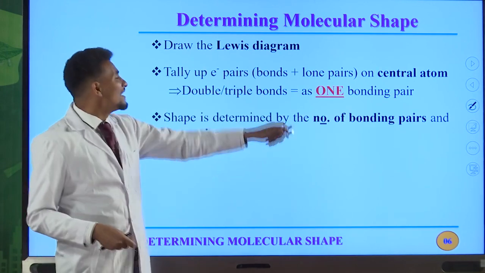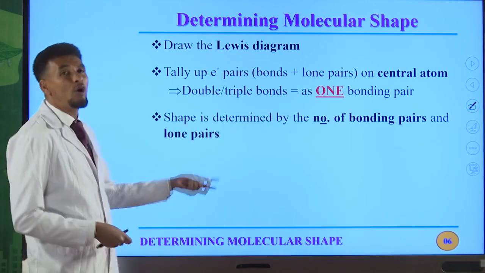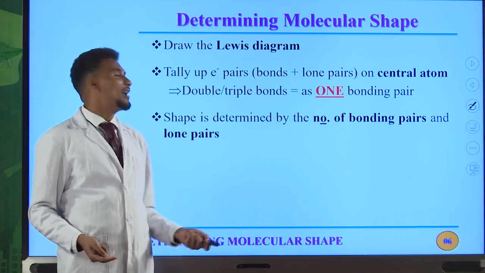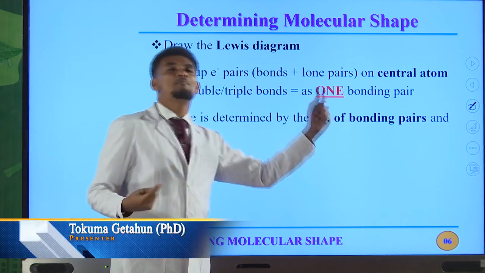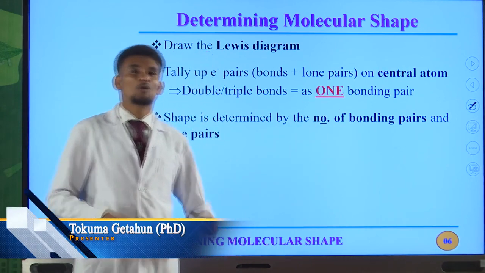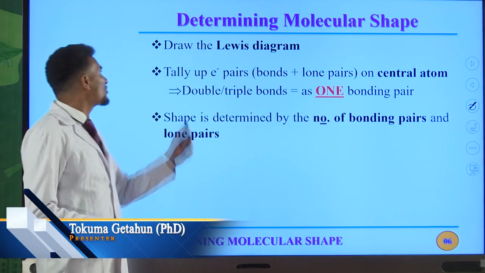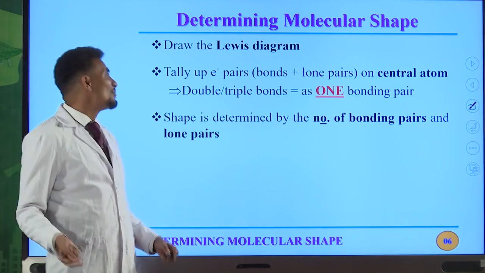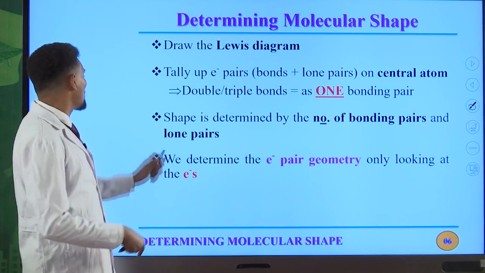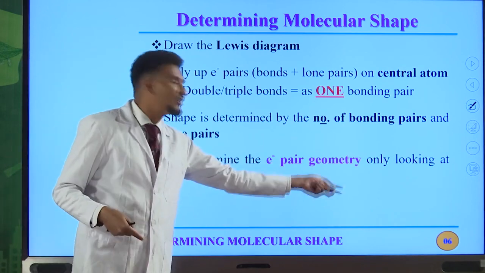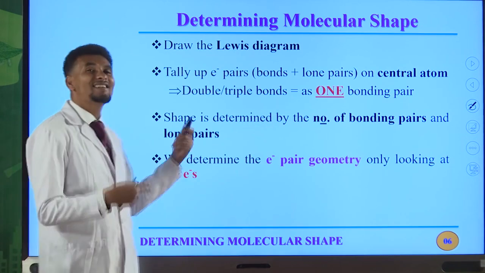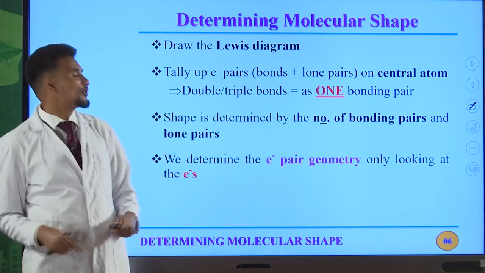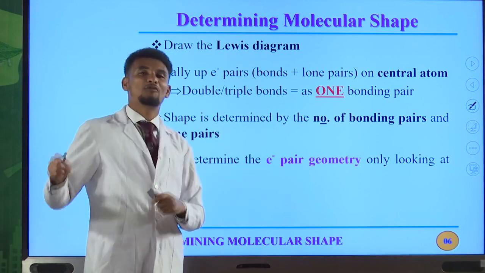Shape is determined by the number of bonding pairs and lone pairs. So look at the lone pairs of electrons around the central atom, and the number of bonding pairs around the central atom, to predict the shapes of the molecule. This is another step you should think about to determine the shapes of molecules. We determine the electron pair geometry only by looking at the electrons, both bonding pairs as well as lone pairs.